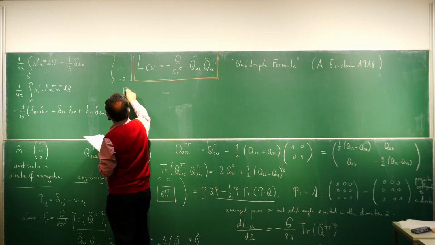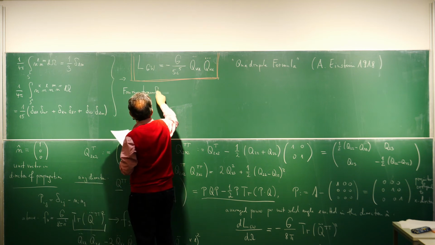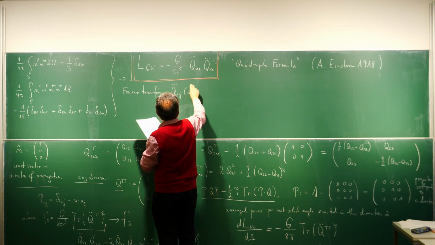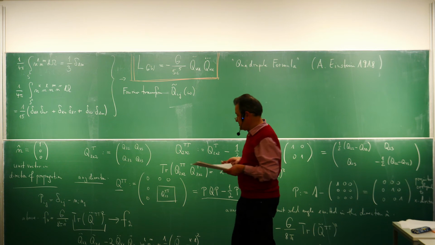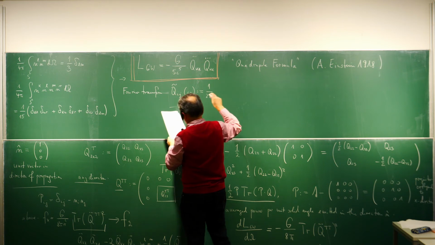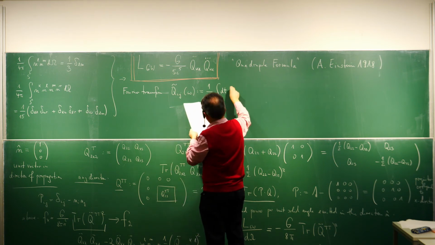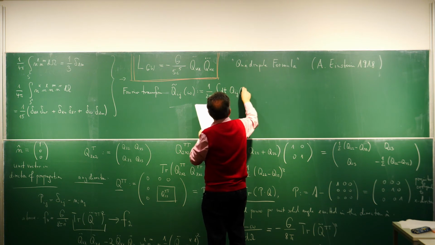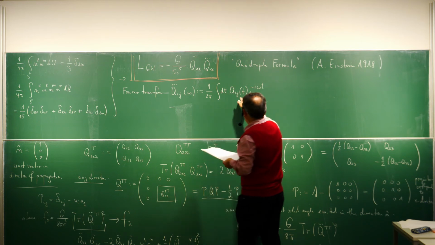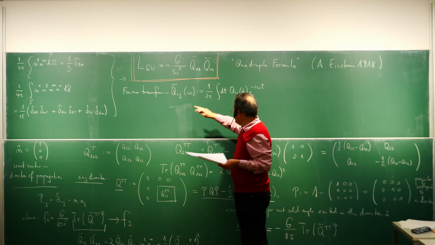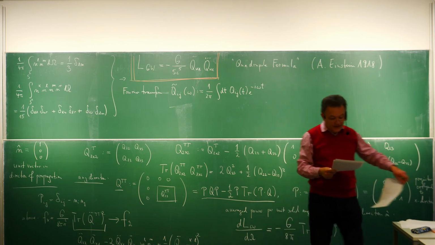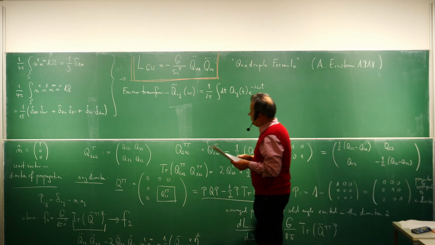Now if we have the Fourier transform, Q tilde_ij, which instead of time depends on omega, we define it by the factor 1 over 2 pi, integral dt Q_ij of t e to the minus i omega t. So that the inverse is defined from this without the 2 pi. Now it's not a symmetric formulation. Now we have the emitted power, the total emitted power.